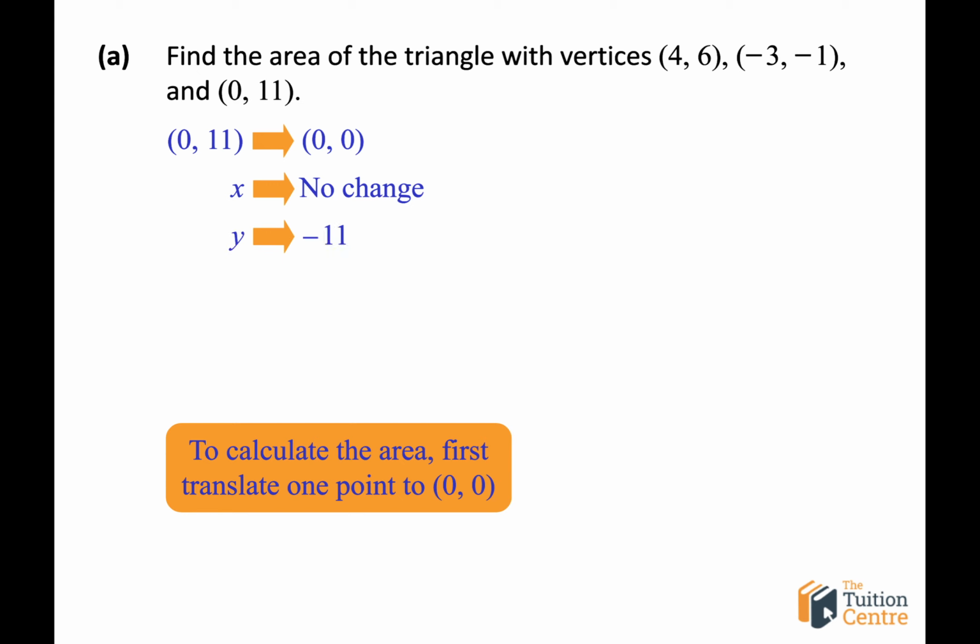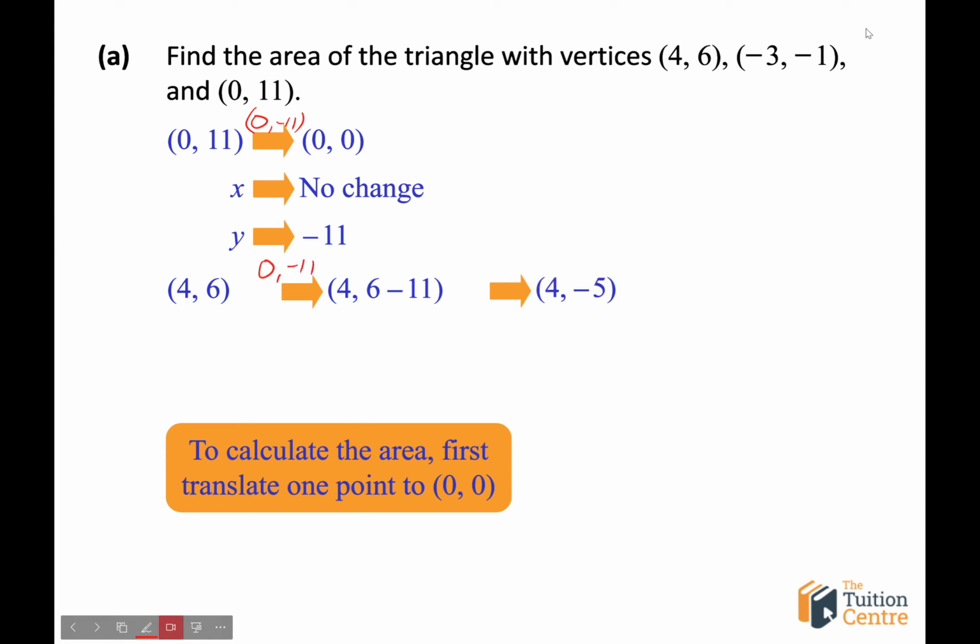The y coordinate would reduce by 11 units. So it's 0 minus 11 is your translation, and we're going to do the same for the other points. The x coordinate is going to move by 0, the y coordinate is going to reduce by 11, so we're going to end up at (4, -5).